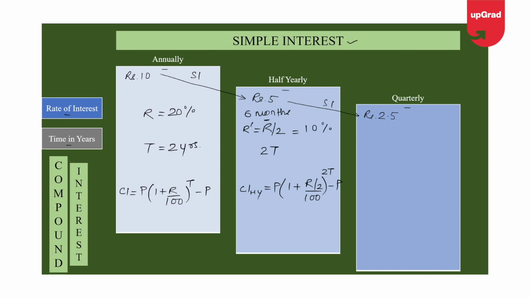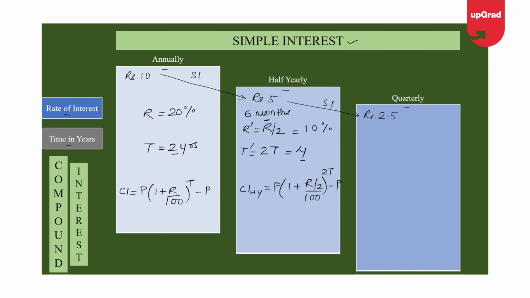And therefore, instead of 20%, it becomes 10%. Whereas my effective time becomes double, because I will have 4 spans of 6 months each. So instead of 2 years, I'll have 4 spans of 6 months each. Remember, I'm not saying it is 4 years, but it is 4 spans of 6 months each.